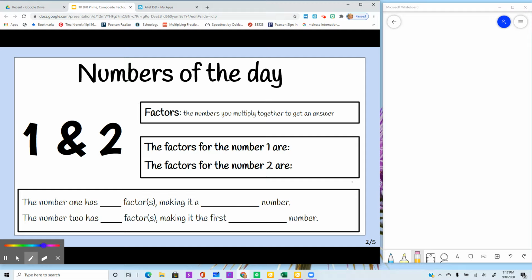So the factors for 1 are 1 times 1. That means 1 is its only factor. The factors for 2 are 1 times 2, which means 1 and 2 are its factors. So the number 1 has only one factor, and that makes it neither prime or composite.